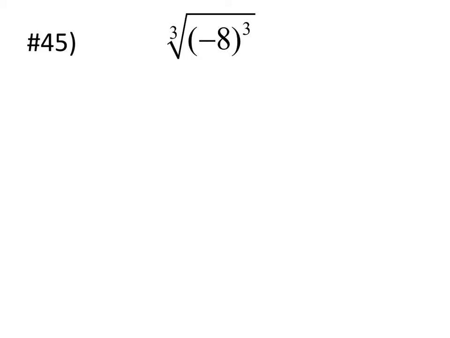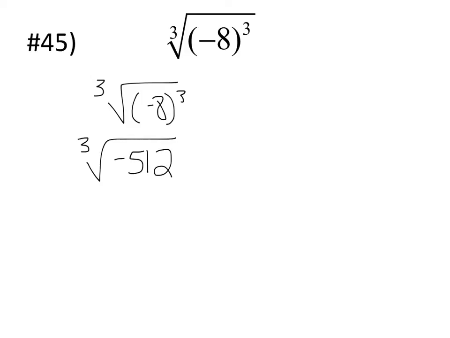Now, we've got the cube root of -8 cubed. Well, -8 cubed, sorry about that, is -512. And then we're going to say what times what times what gives me -512.